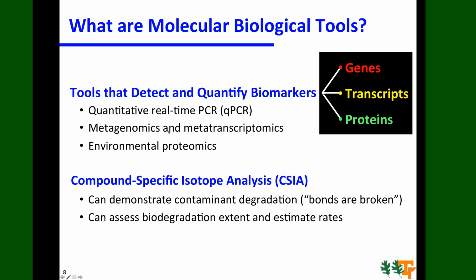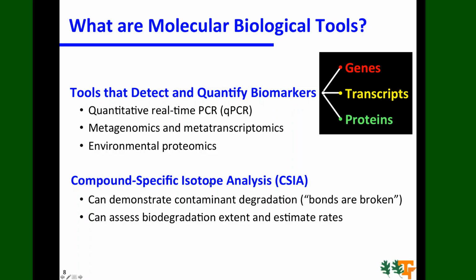We can also apply metagenomics and metatranscriptomic tools to assess genes and transcripts. And this is something I'll discuss in more detail next week. We can also target proteins using environmental proteomics, another tool I will be discussing next week. So the focus of this talk today will be on PCR approaches.